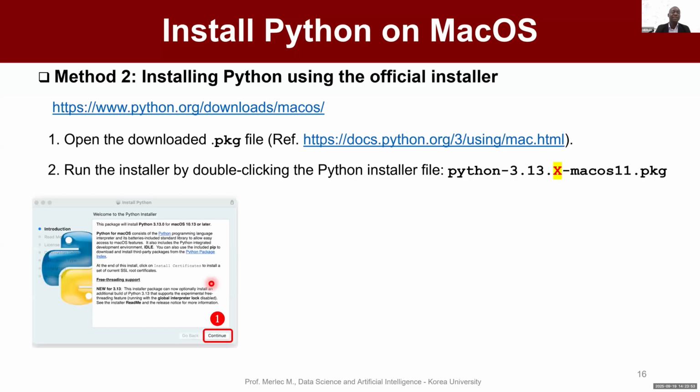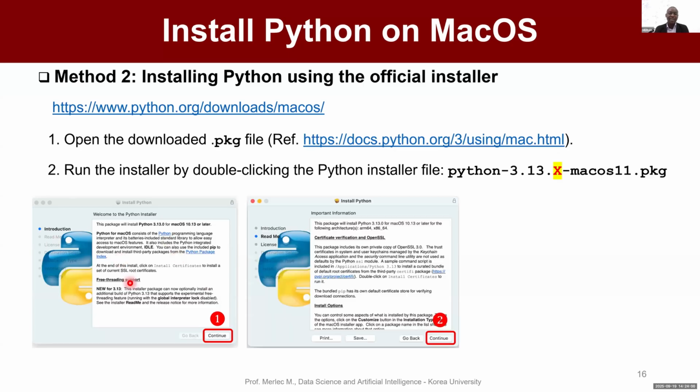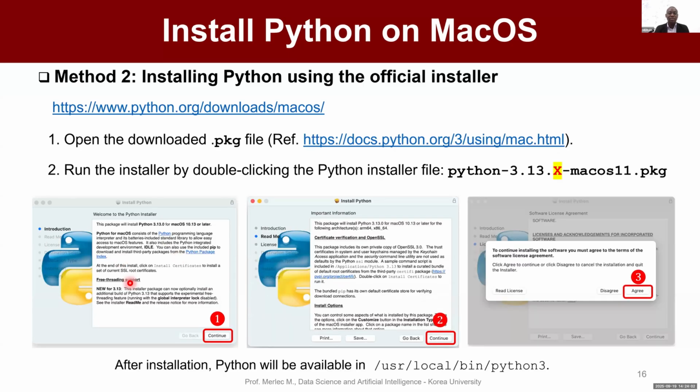And then after you double click on the installer, it will open a window like this. Just click on continue, and then it will ask you for the agreement, whether you agree with the license. You can agree.